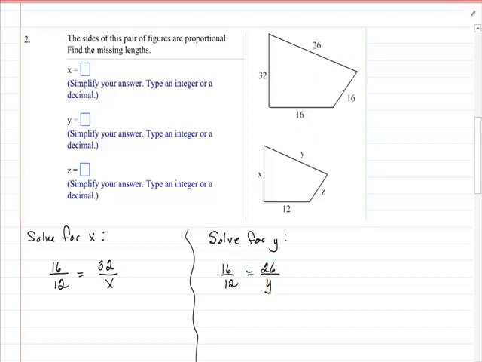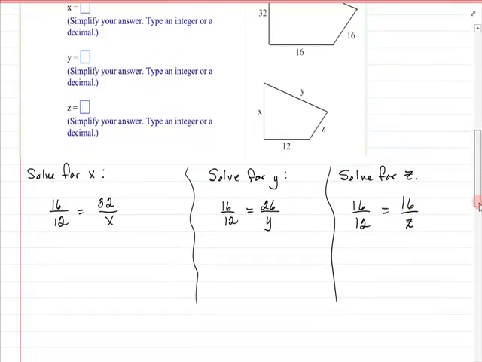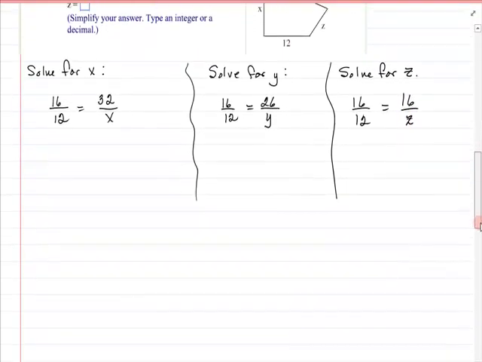And I will solve that proportion. And then my third problem is to solve for z, which I put a slash through so it won't look like a 2. I still only know 16 is to 12. As for z, it's going to be 16 is to z. I have 3 completely separate problems to work on.